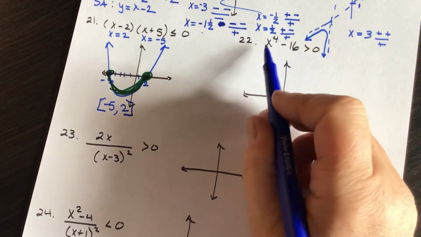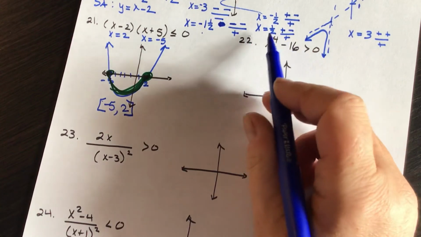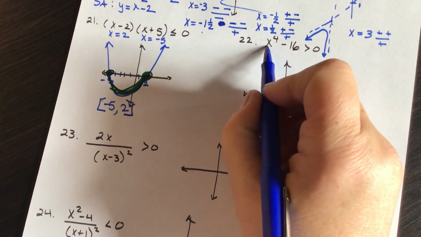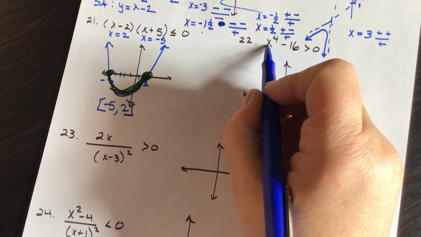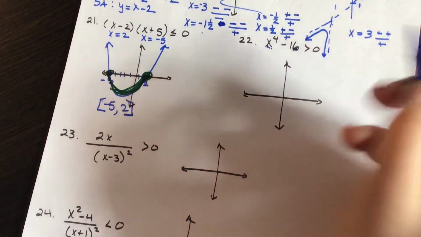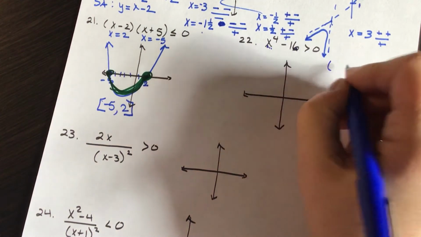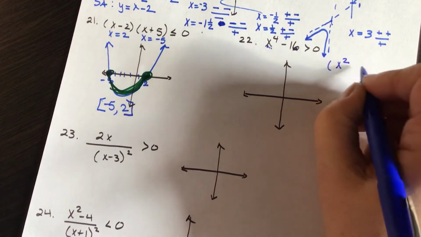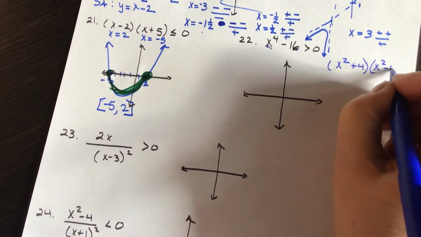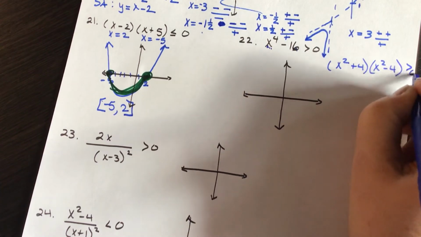This right here is something that I can factor. And if I look at both of these, they are both squares. So I have the difference of squares. So this is the same thing as x squared plus 4 and x squared minus 4 is greater than 0.